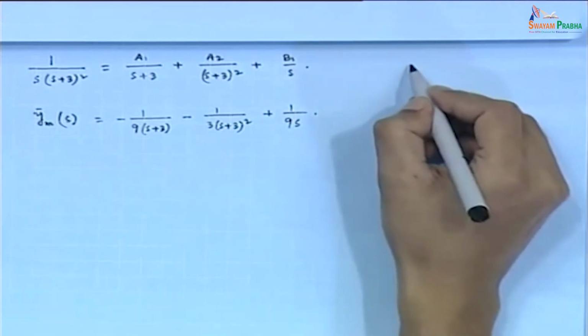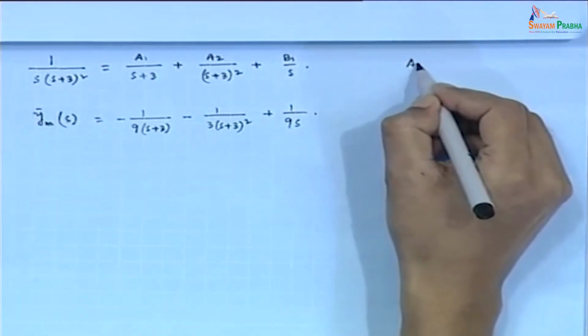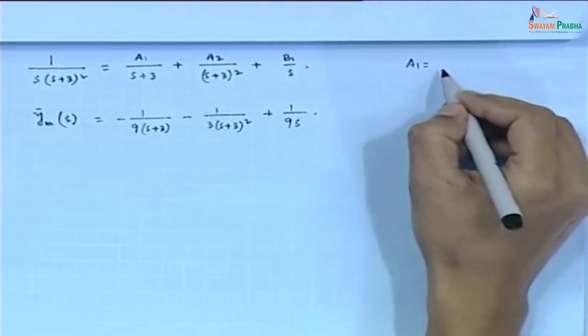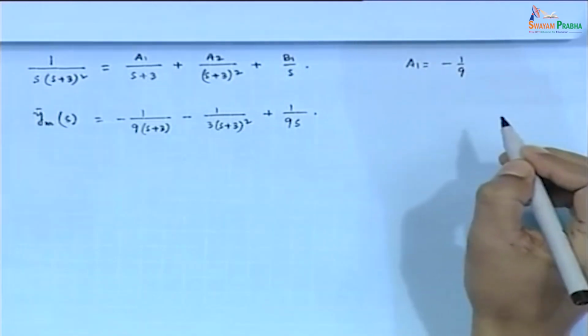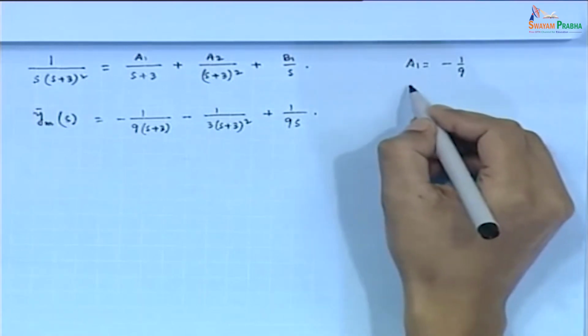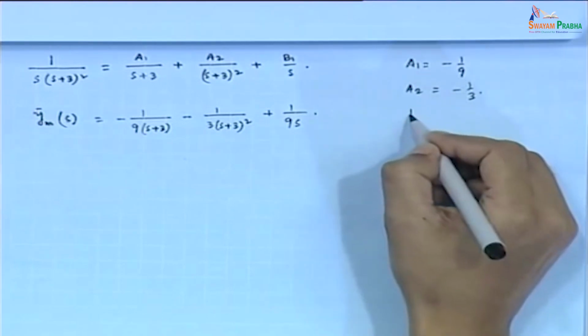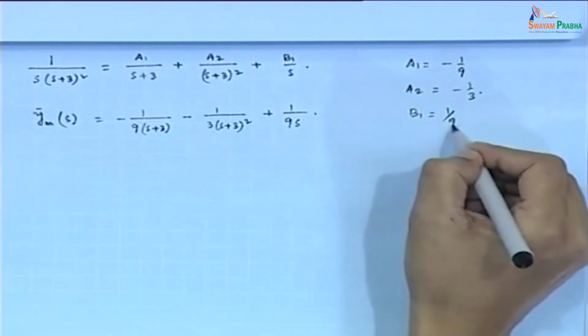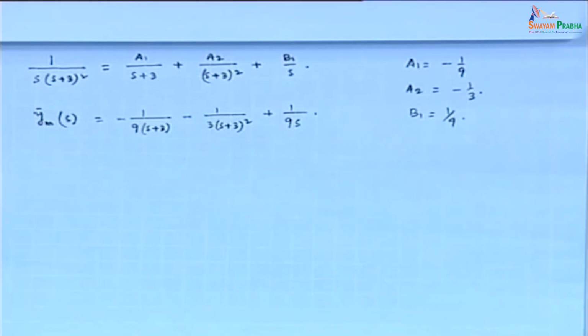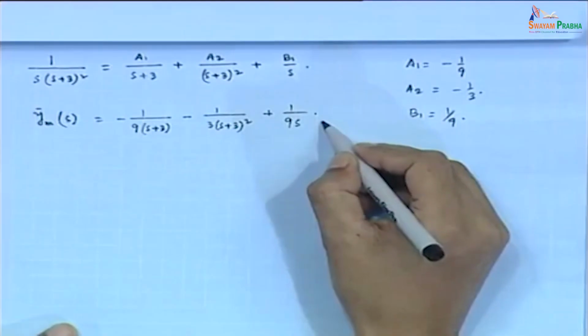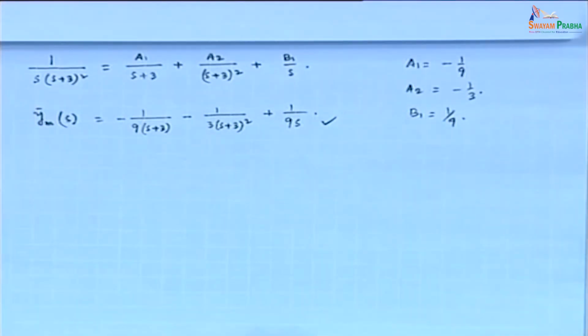That means A1 equals minus 1 by 9, A2 equals minus 1 by 3 and B1 equals 1 by 9. The determination of these coefficients is left for you. So, this is the ultimate form of Ym bar.